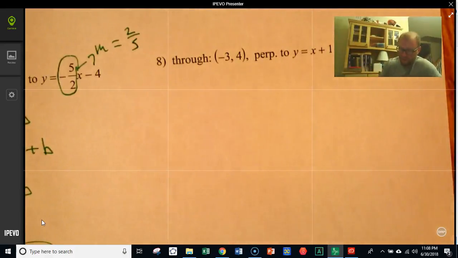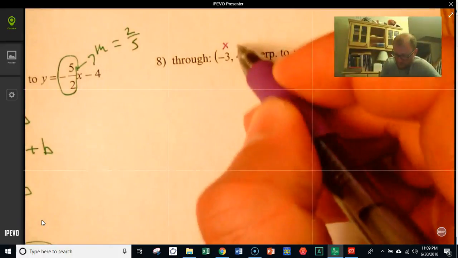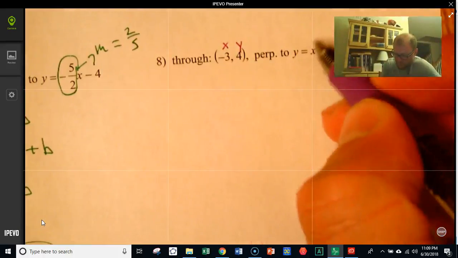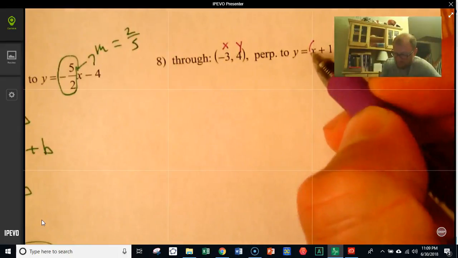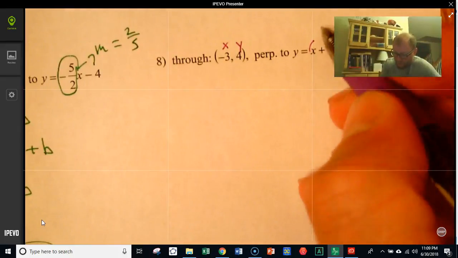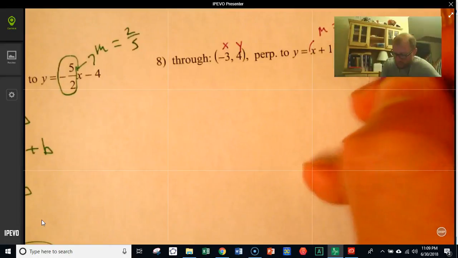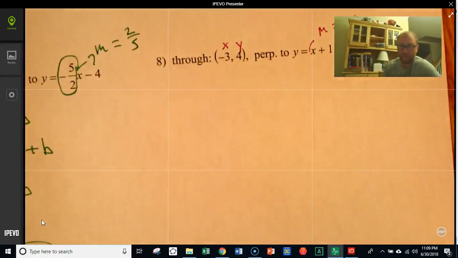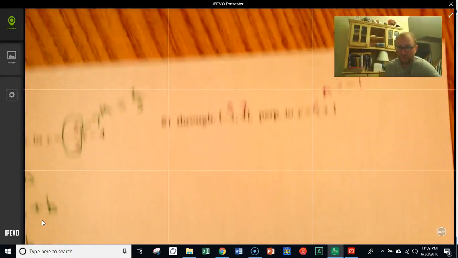Let's take a look here. This is going to be our x. This is going to be our y. Here, you can imagine this is a 1. So the negative reciprocal of 1 is negative 1.